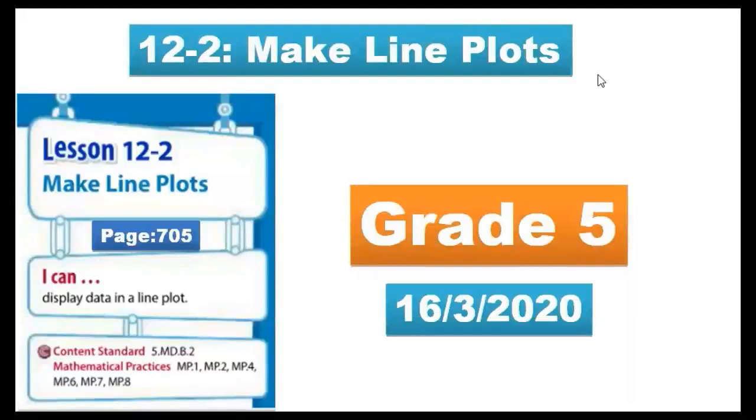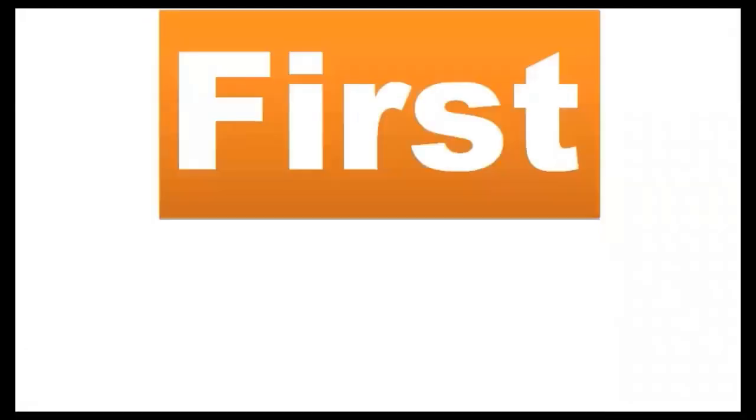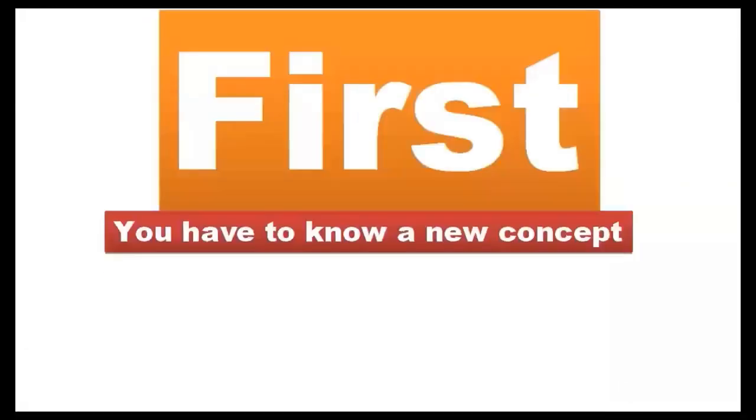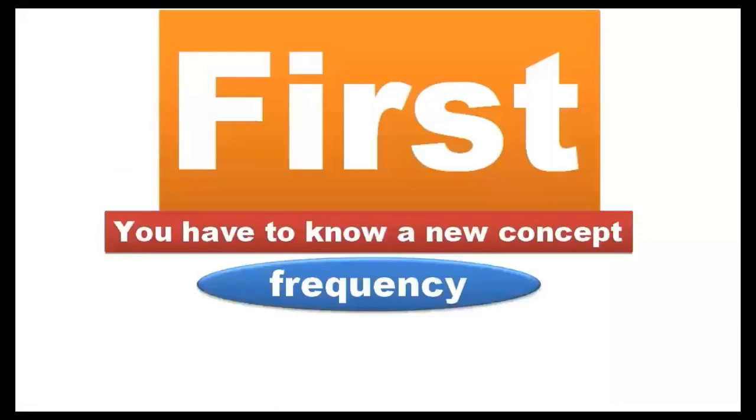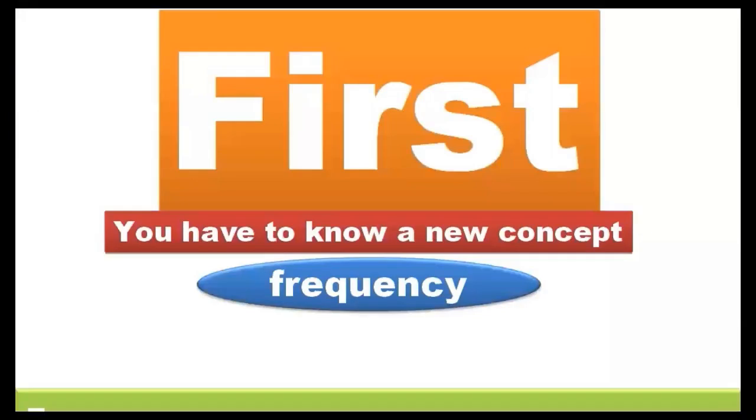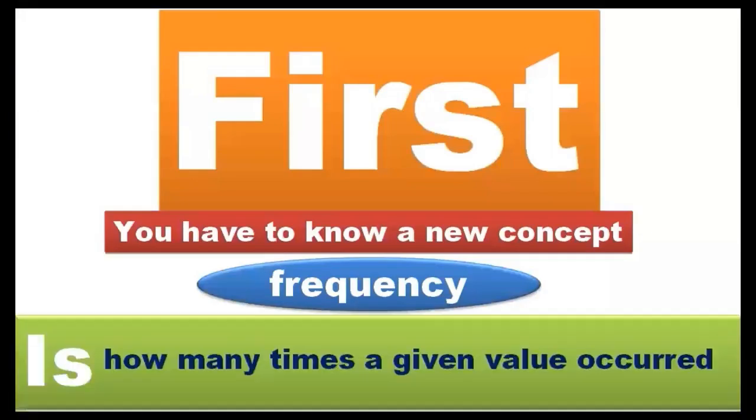So in this lesson, we're going to learn a new concept. First, you have to know what is the frequency. This is a new concept you are going to learn today. Frequency is how many times a given value occurred.